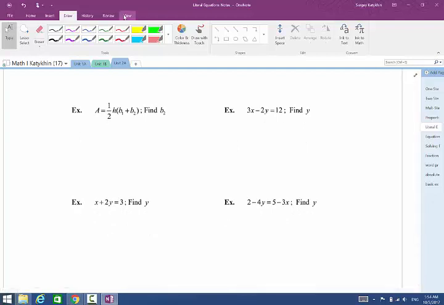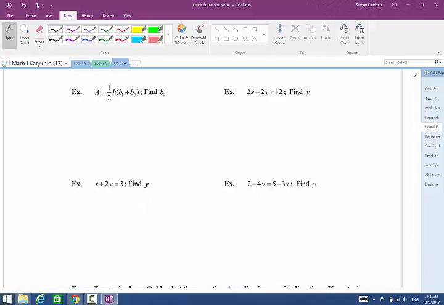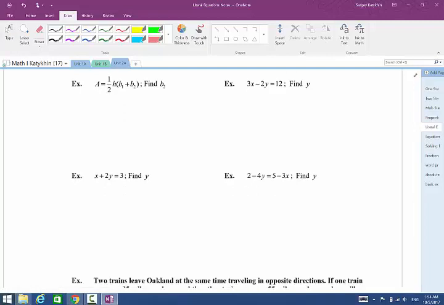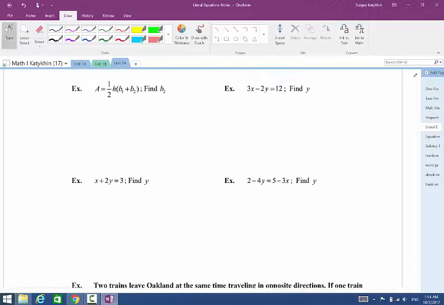Alright, let's look at our next example here. In this example, you see that we have area is equal to 1/2 times height times base 1 plus base 2, and in this case you are asked to solve for base 2.